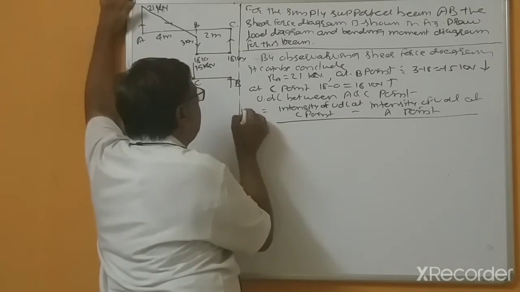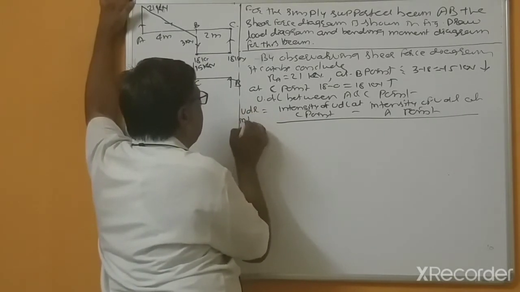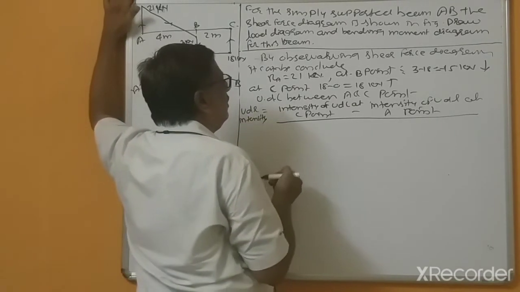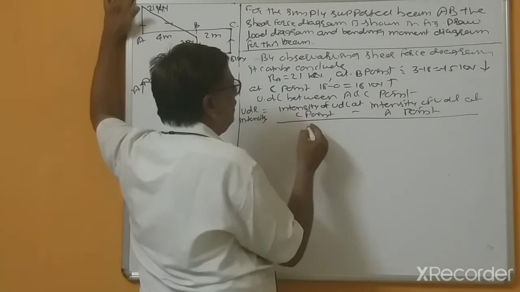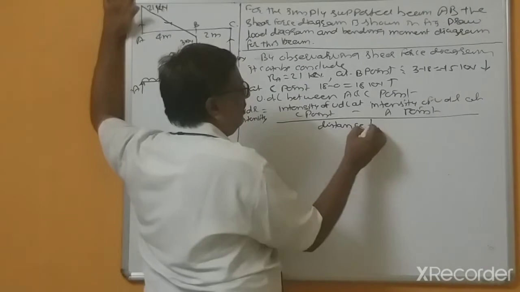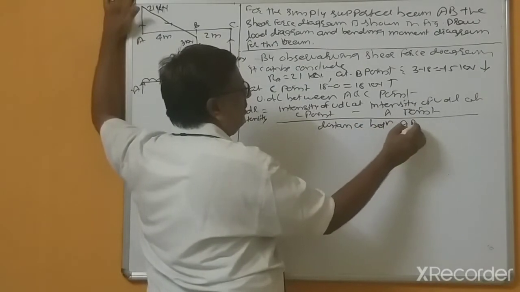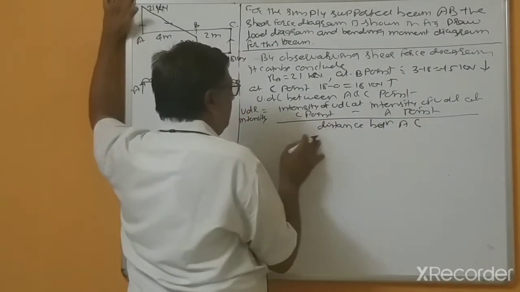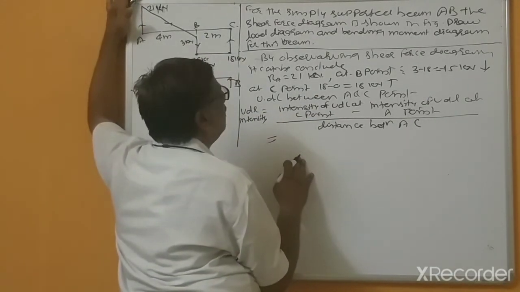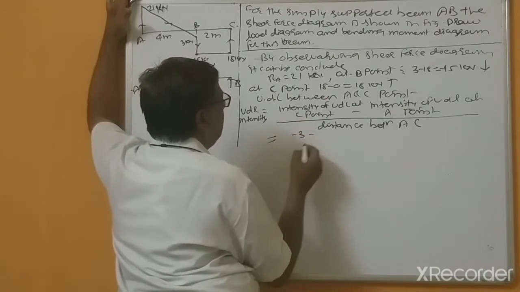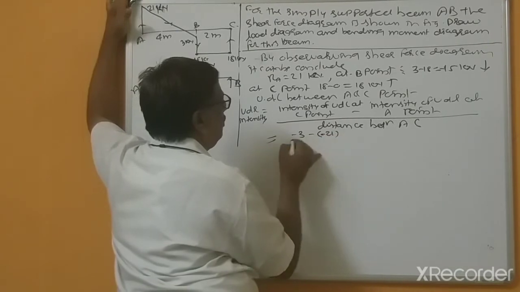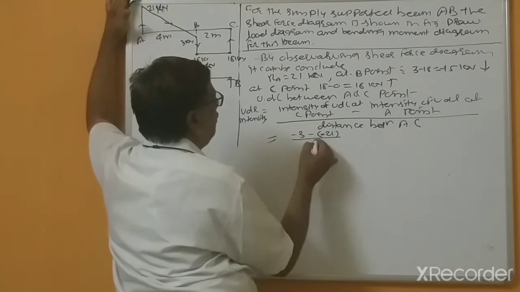So this is UDL intensity, or shear force, you can say intensity instead of the UDL, divided by distance between AC point. That's why this is 21, C point minus 3 minus, this is 21 divided by 4.